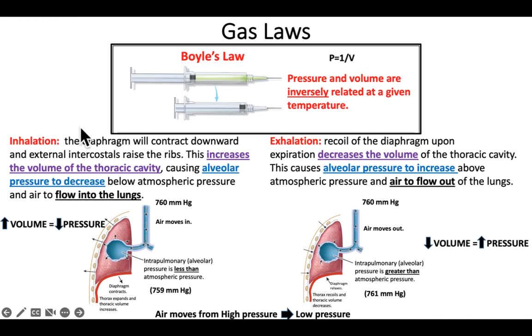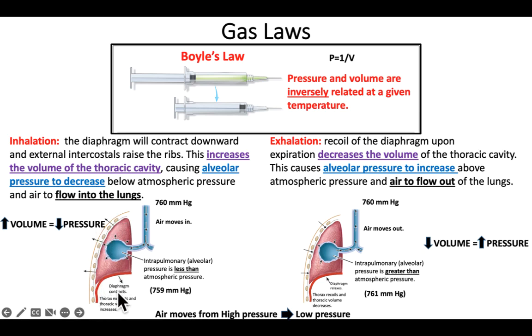So this is how Boyle's Law applies to the respiratory system. During the process of inhalation, the diaphragm will contract and move downward, and the external intercostals raise the ribs. Now, we'll review this when we get to respiratory muscles, but this drawing shows that. So here's the diaphragm.